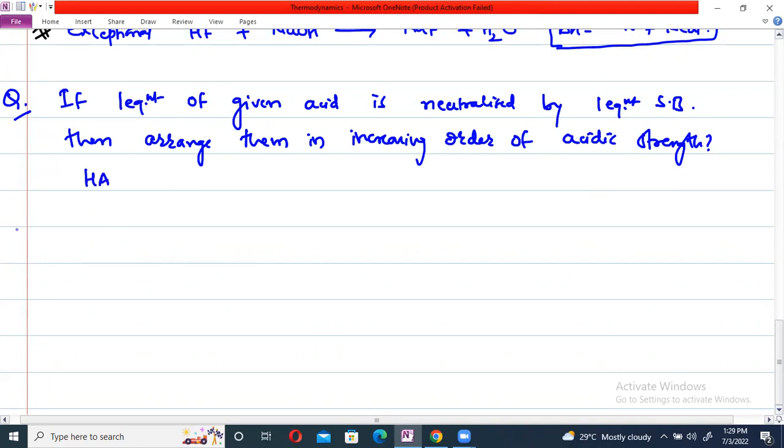And it is heat of neutralization given in kilocalorie, right? Ha, minus 12.3. Hb, minus 12.1. Hc, minus 13.7, standard value. Hd, minus 12.8.